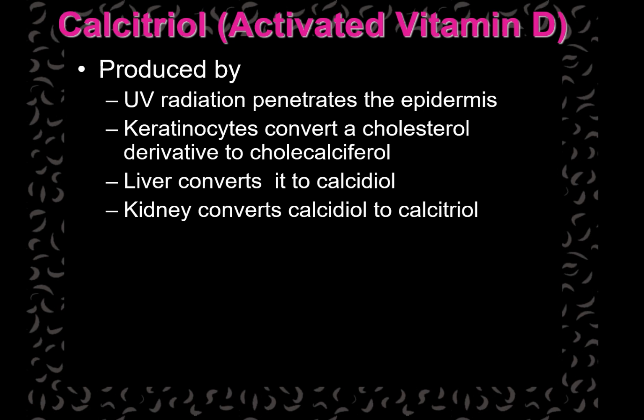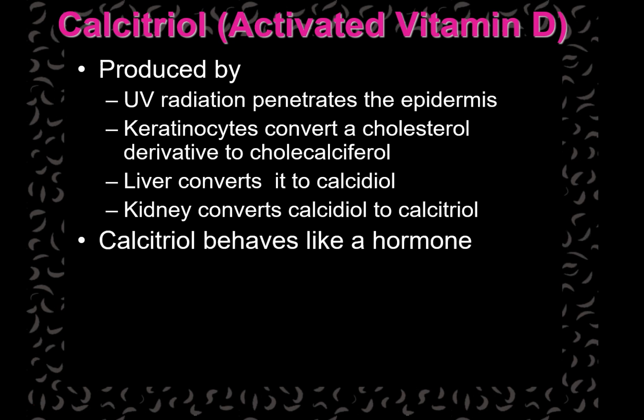Okay? Calcitriol is a hormone-like substance. Its function is to increase blood calcium levels. Emphasis on blood calcium levels. Okay? So, what are some ways that you can increase blood calcium levels?